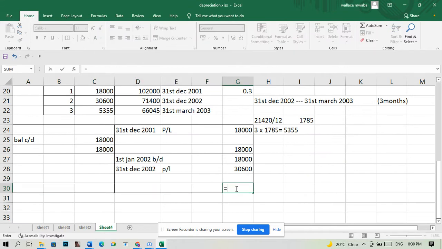So we say 18,000 plus 30,600, we get 48,600. All right? So our balance carried down on the 31st of December is 48,600.